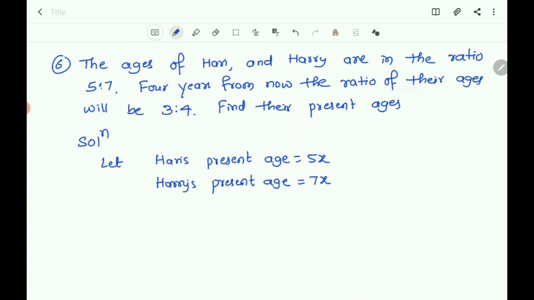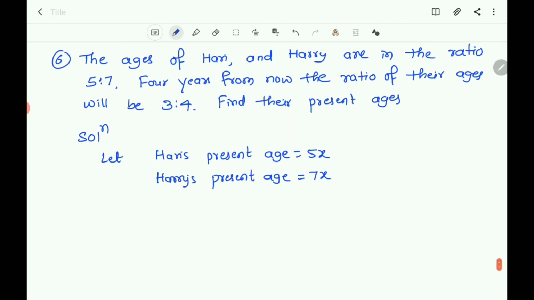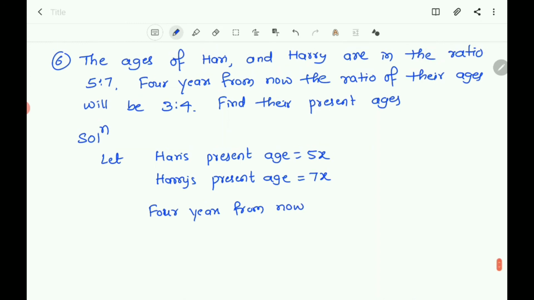Now here 4 years from now, the ratio of their ages will be 3/4. That is 4 years from now, you know that here the age of Hari becomes 5x + 4 and Harry's age becomes 7x + 4.